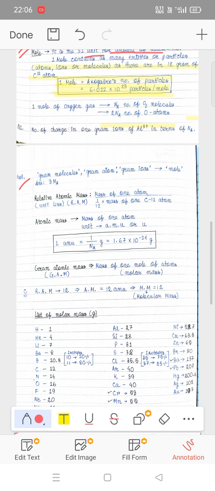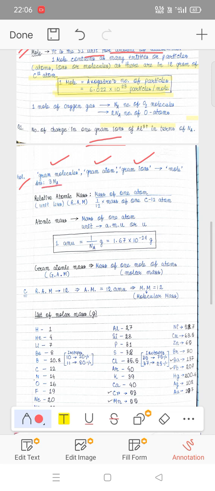First we will see what this gram ion is. If in the question it comes as gram molecules, gram atom or gram ion, you will simply think of it as a mole. That is, the question becomes the number of charges in 1 mole of Al3 plus in terms of Na. You can see that the charge of aluminium is 3 plus. That is, it contains 3 charges. So we will simply write, in terms of Na, 3Na.